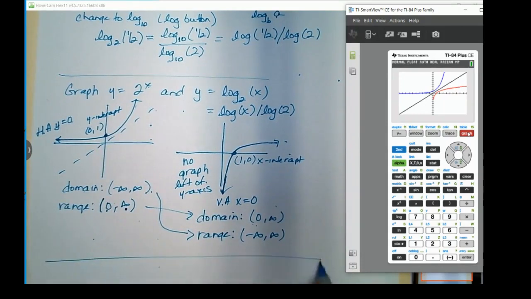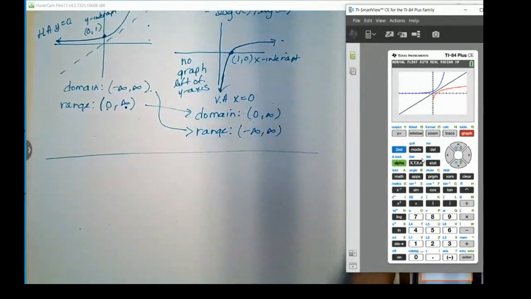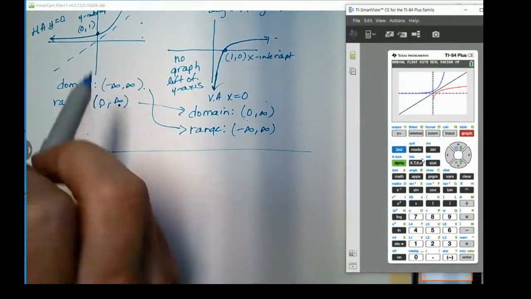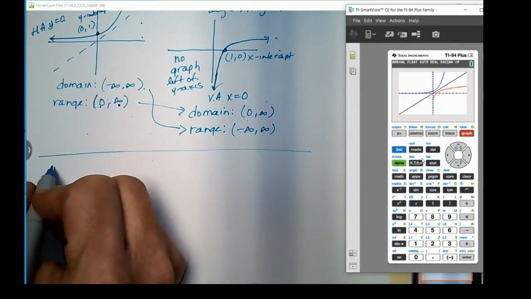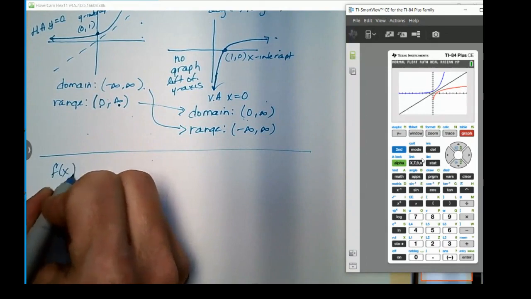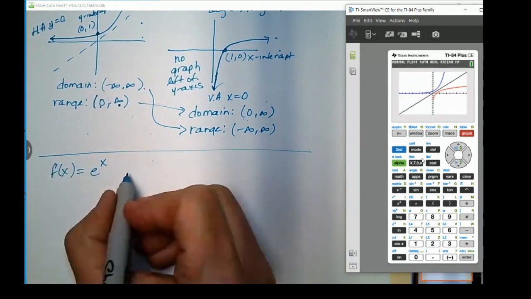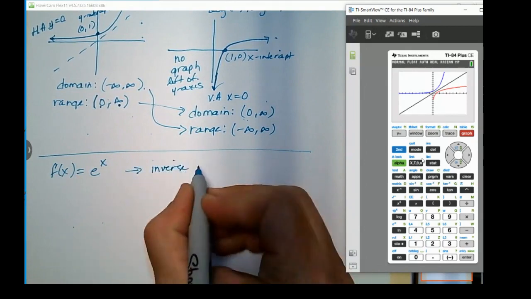Well, let's look at another pair of functions. The other night we were talking about the number e, which is an irrational number, and we use that as a base for exponential functions a lot of times. So if we look at this function, where we just have e to the x, then we can automatically say what its inverse function is.